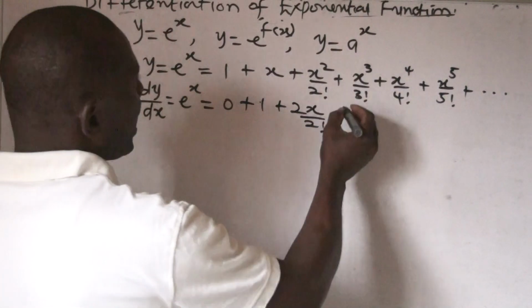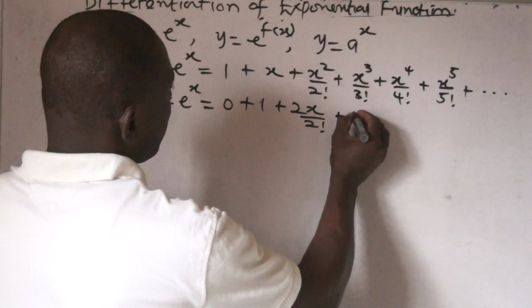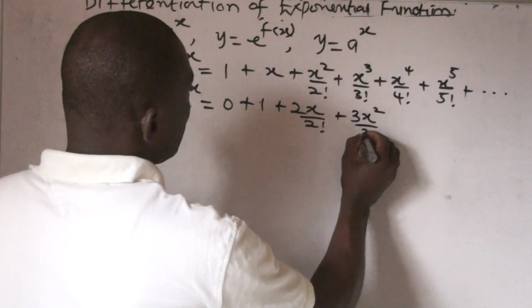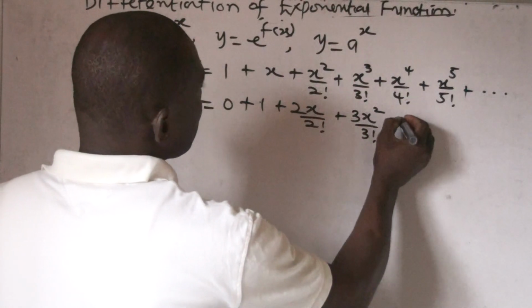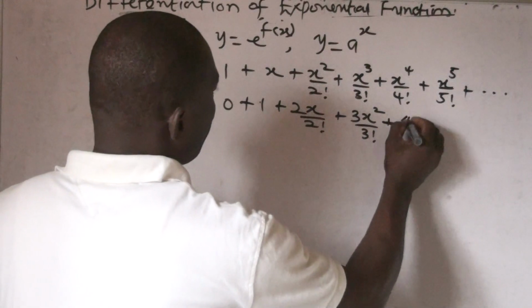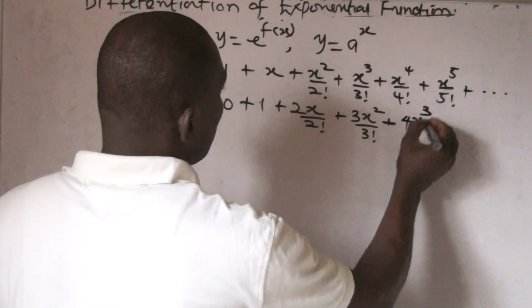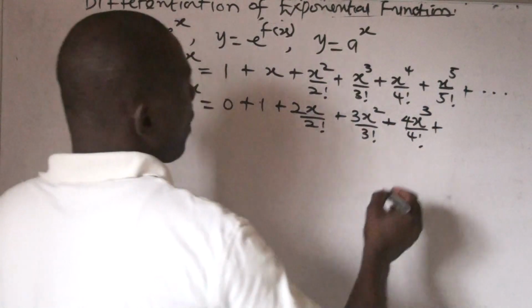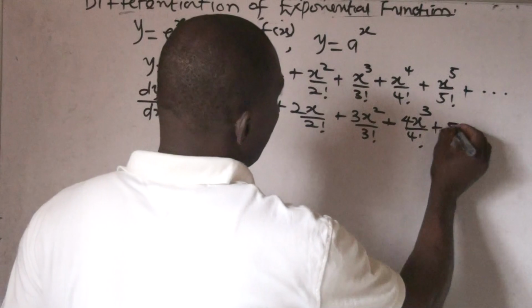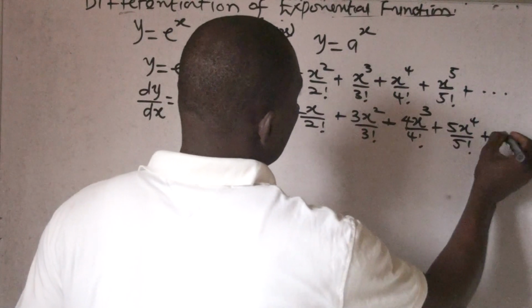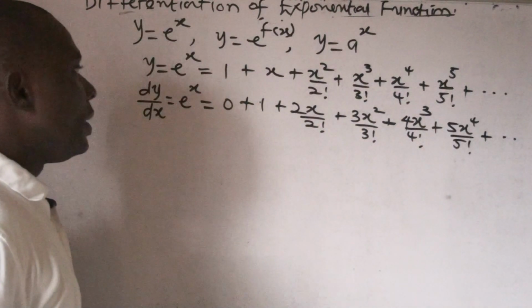Plus, if we differentiate x cubed over 3 factorial, it will give us 3x squared over 3 factorial. Plus, if we differentiate x raised to power 4 over 4 factorial, that will give us 4x cubed over 4 factorial. If we differentiate x raised to power 5 over 5 factorial, that will give us 5x raised to power 4 over 5 factorial. It will continue like that till infinity.